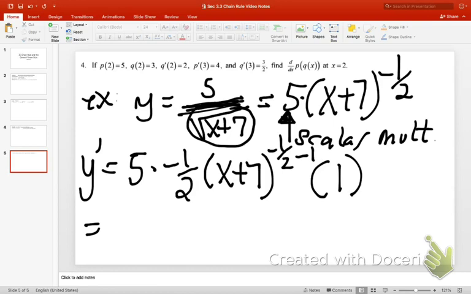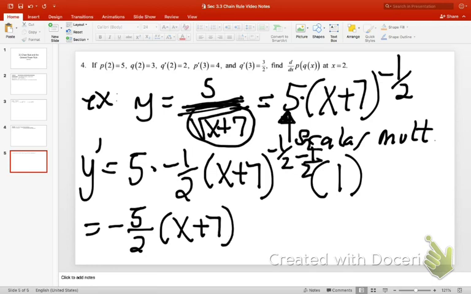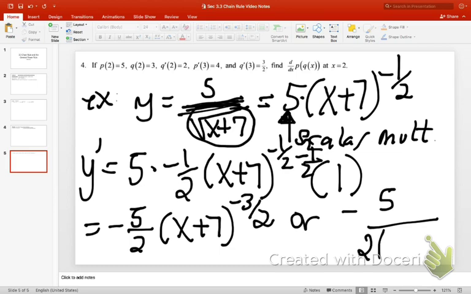So this will simplify to negative 5/2 times x plus 7 to the, if we get a common denominator here, negative 3/2. You can leave it like this, or it can be simplified to 5 over 2 times x plus 7 to the positive 3/2.